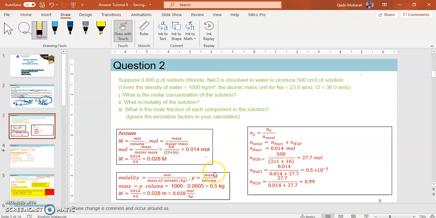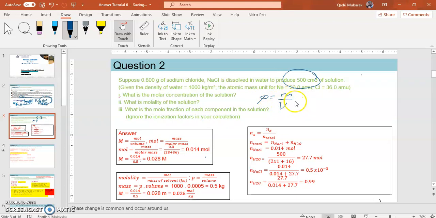And then this mass of solvent must be in kilogram. So we can convert our volume here to mass. We already know this formula, density equals mass over volume.